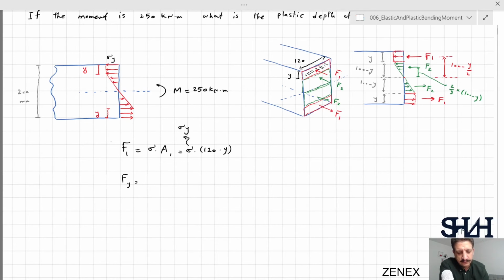As a result, it will be the average value between the top and bottom. The top is sigma y, and the bottom is 0. So it will be sigma divided by 2 times area 2. Area 2 has the height of 100 minus y and the width of 120. So it will be sigma y divided by 2 times 100 minus y times 120.